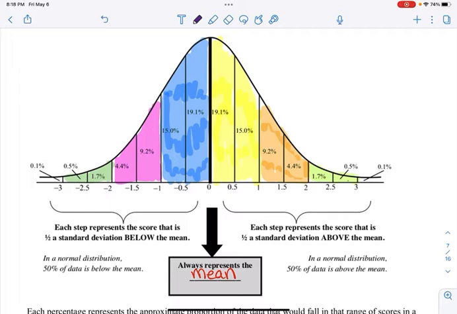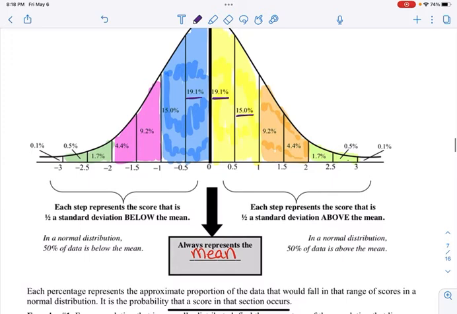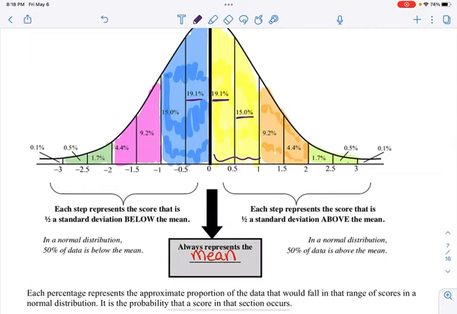So you can see the percents in there, all right? So 19.1% of the scores in a normal distribution are within a half of a standard deviation from the mean. And same thing, 19.1 is a half a standard deviation below the mean. Another half, okay, so the 19.1 plus the 15, together that would be 34.1. So these two together right here is 34.1%.